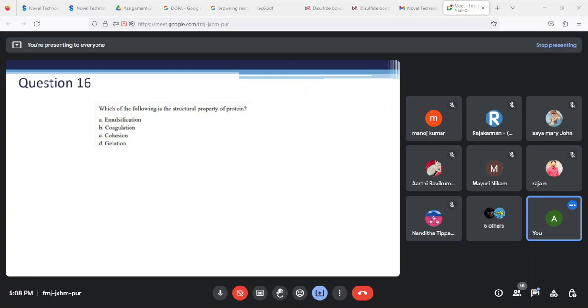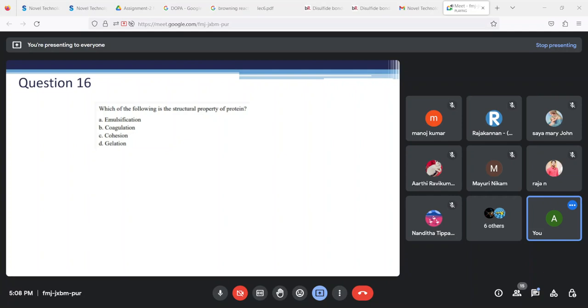What property of the protein is related to emulsification? Your proteins have multiple hydrophobic residues and multiple hydrophilic residues. Because of this mixture, it has the ability to interact with both water and oil.